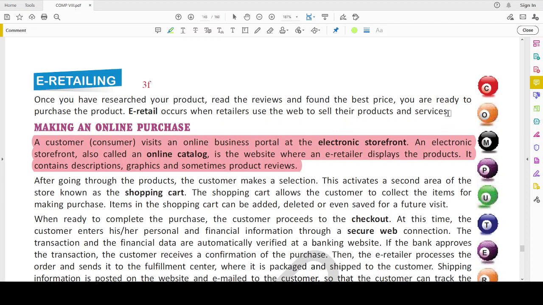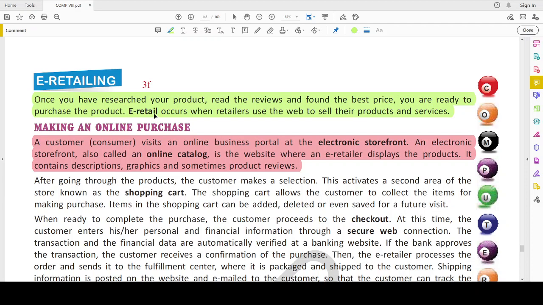So when the e-retailers are using the web to sell their products and services, it is called e-retailing. Right? And on our part, when we have researched about the product, read the reviews, and chosen the best price, we are ready for the purchase.